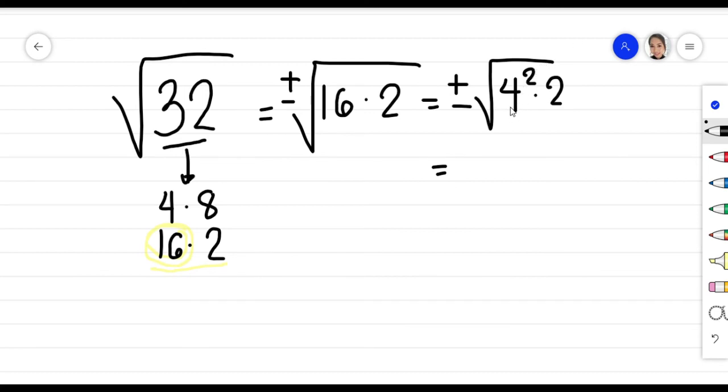So extracting 4 squared, that becomes positive and negative 4. The square root of 16 here is positive and negative 4. So we are left with square root of 2. Therefore, square root of 32 is equivalent to positive and negative 4 square root of 2.